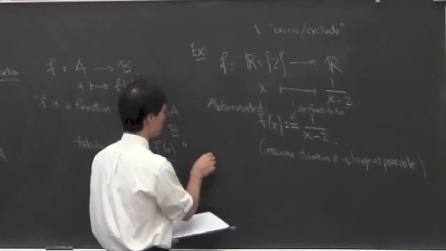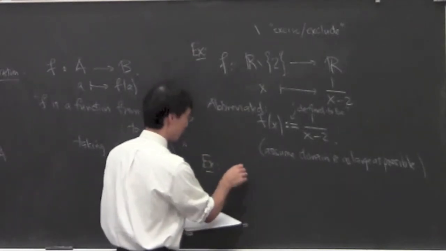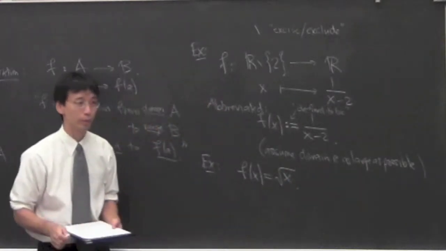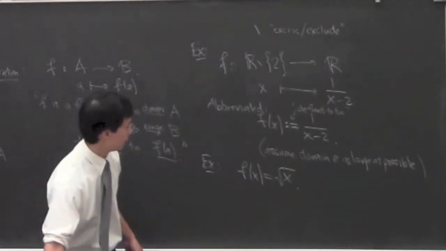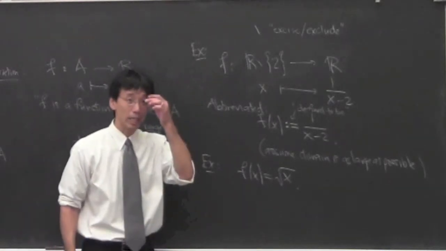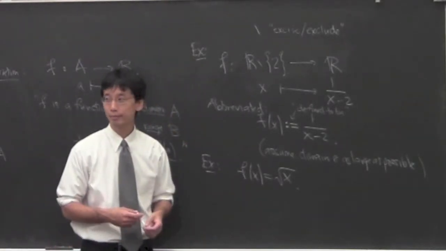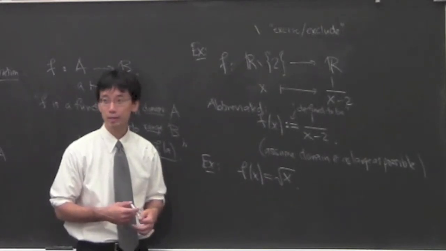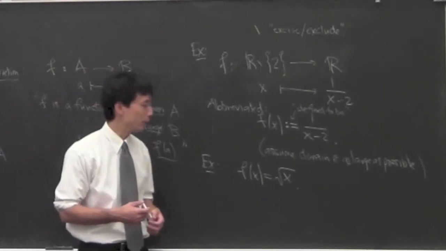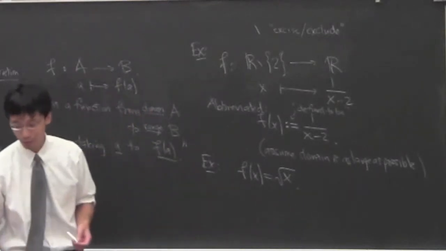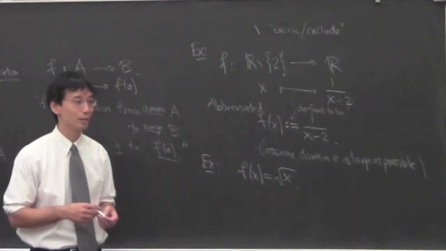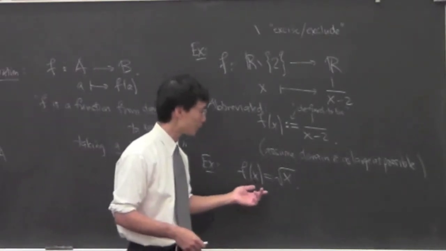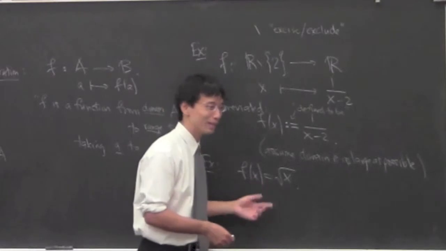Another simple example: f of x defined to be the square root of x. In that case, what's the domain? If we're talking about real numbers, all positive numbers, or to be strict, all non-negative numbers.